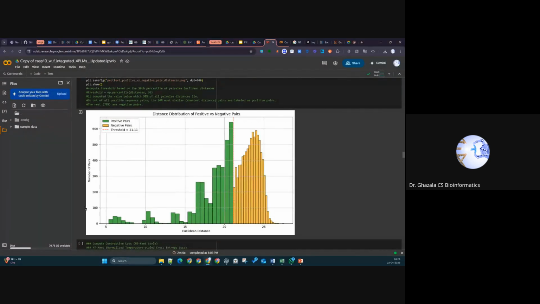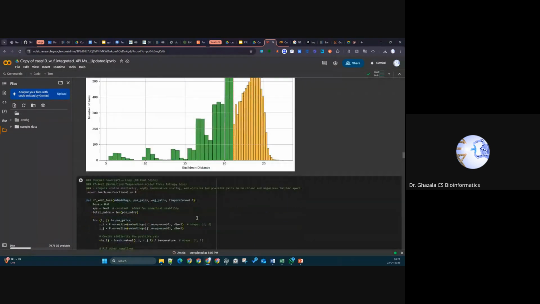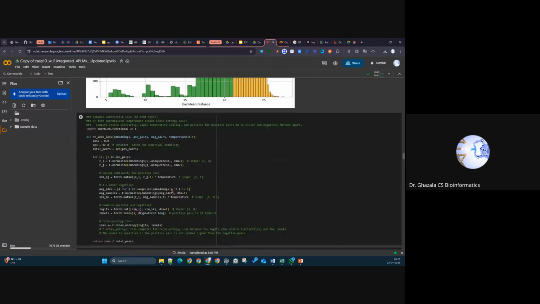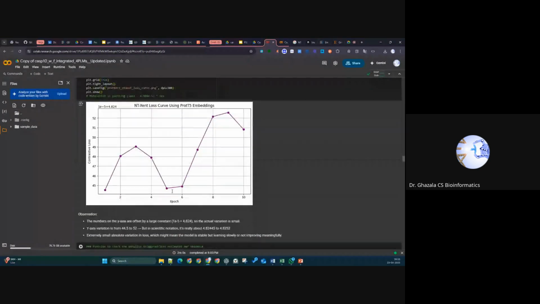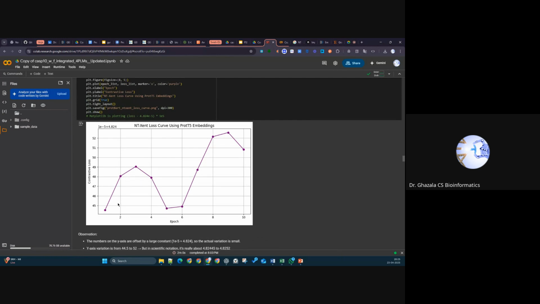Right now it is 21.1, which it calculates based on the positive pairs and negative pairs. And in this one we have the contrastive loss, where the variation is more, and at the 10th epoch the loss is more here.